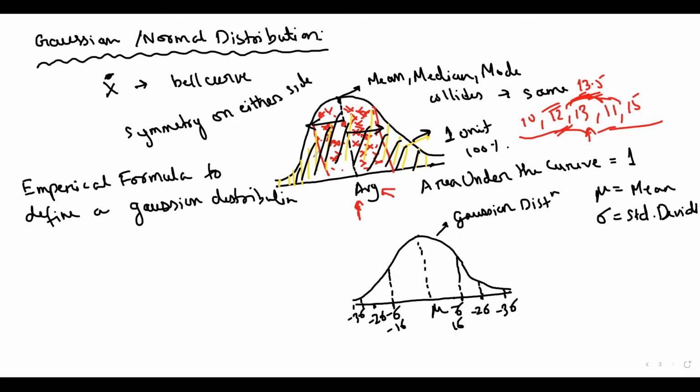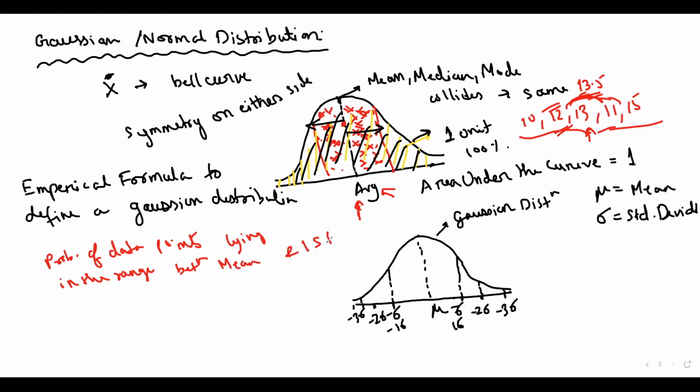So our empirical formula states that the probability of data points lying in the range between mean and first standard deviation is 68%.